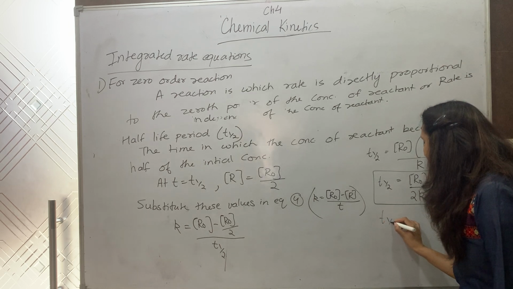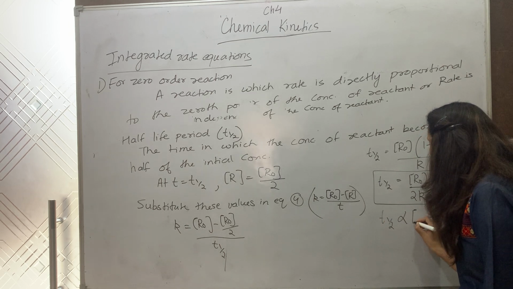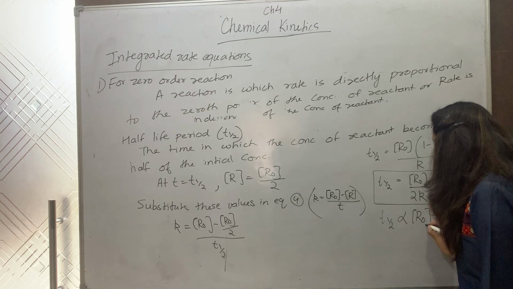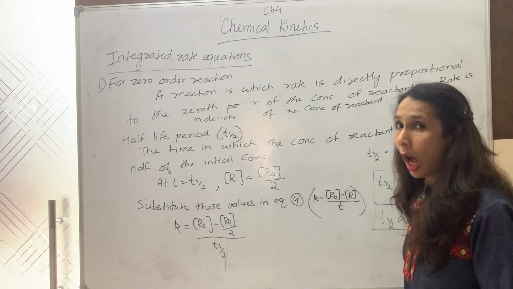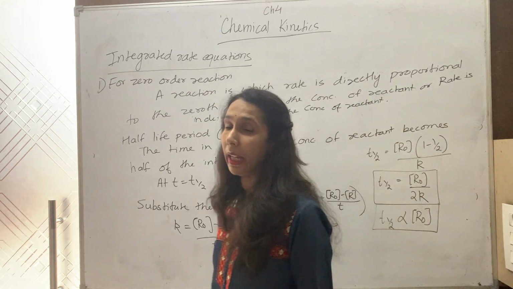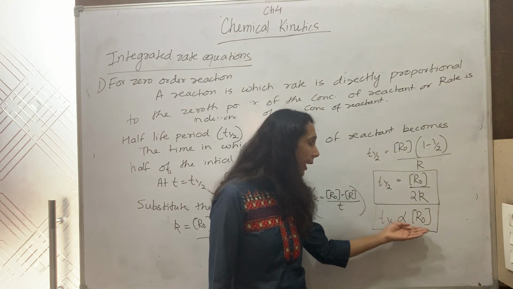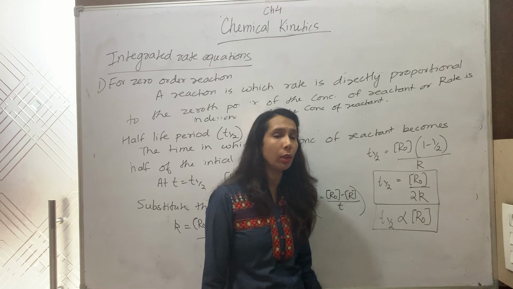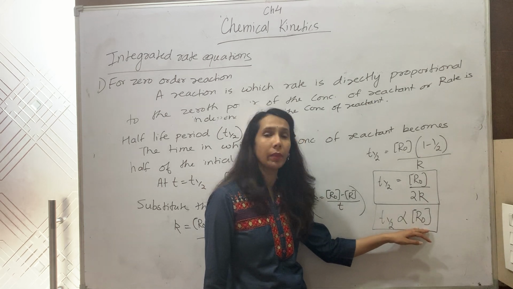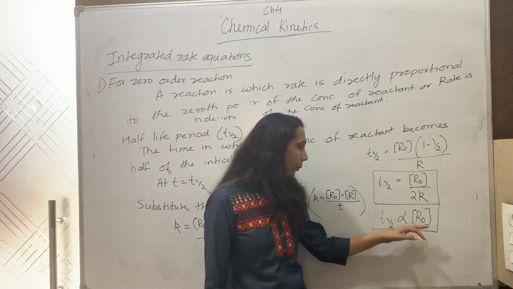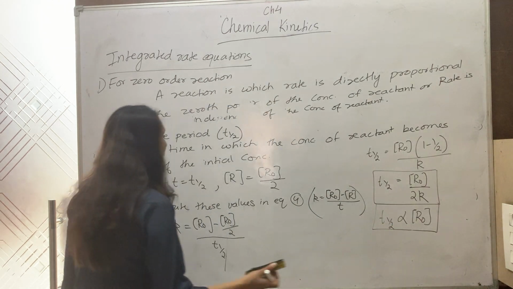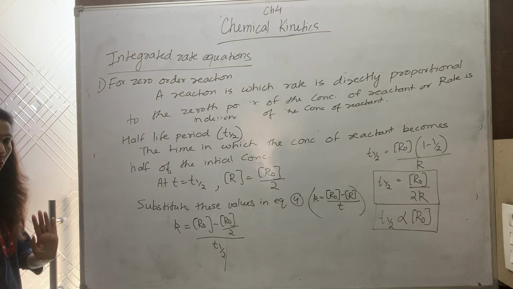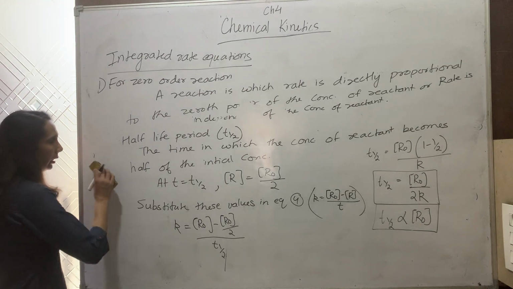So I can say that t half is directly proportional to R naught. That means for a zero order reaction, half-life period is directly proportional to the initial concentration of the reactant.